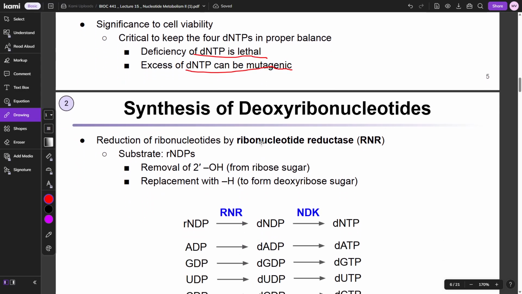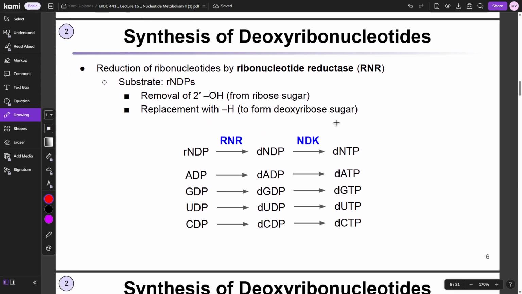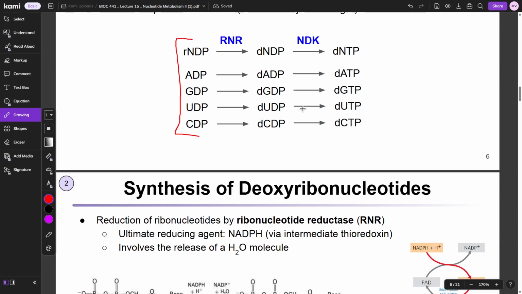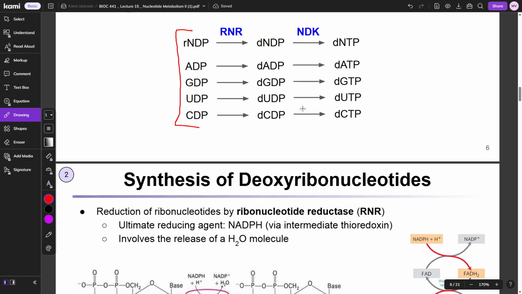And then here is an example of what happens. Once we get to the DP stage for any of these, we use R to make the dNDP form, and then we use NDK to phosphorylate again. So just remember that what goes into R is the diphosphate version, not the triphosphate version. The diphosphate goes in, and then the diphosphate comes out, and you phosphorylate it.